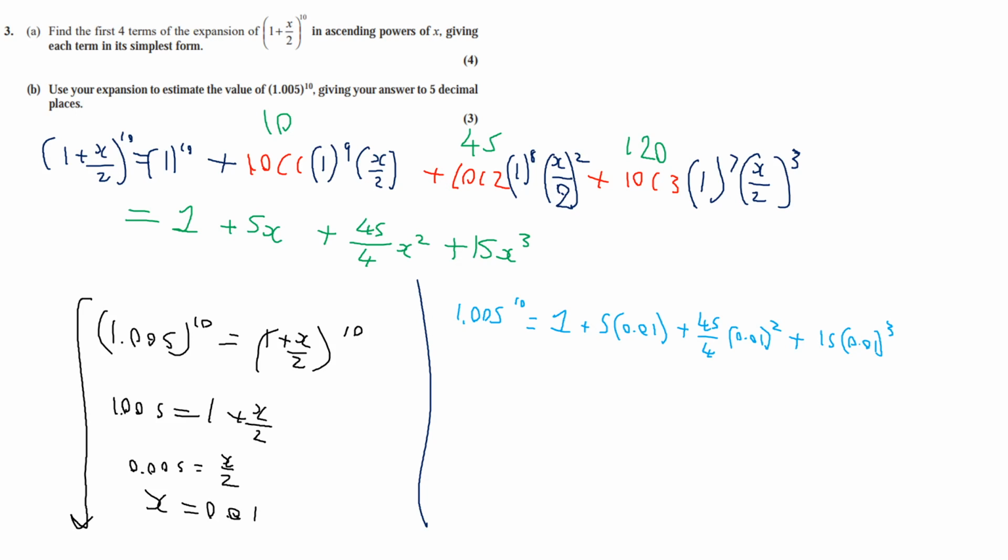Okay? And so when we plug that into our calculators, we should get an answer of 1.05227 to 5 decimal places. And that is our final answer.